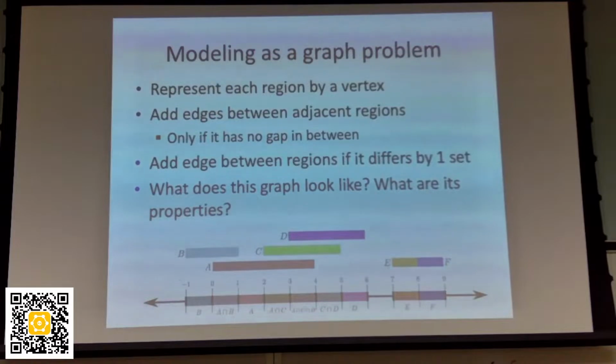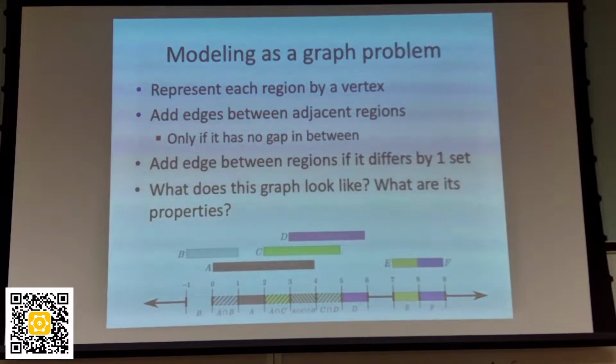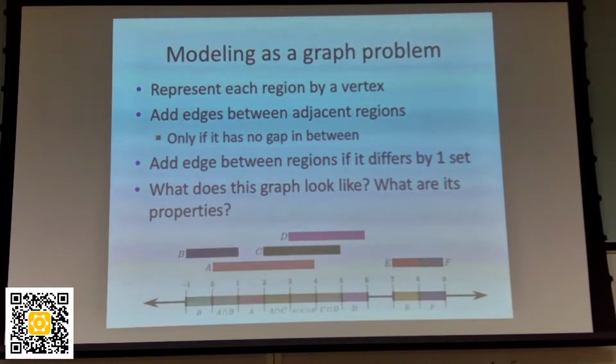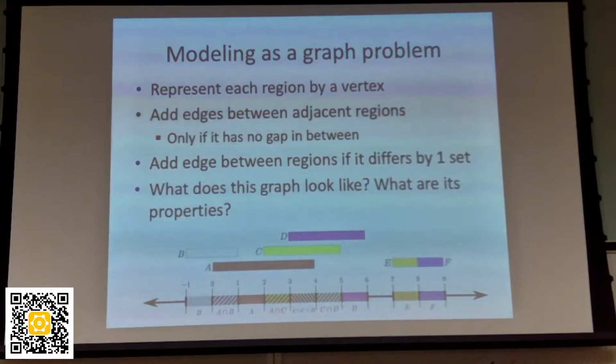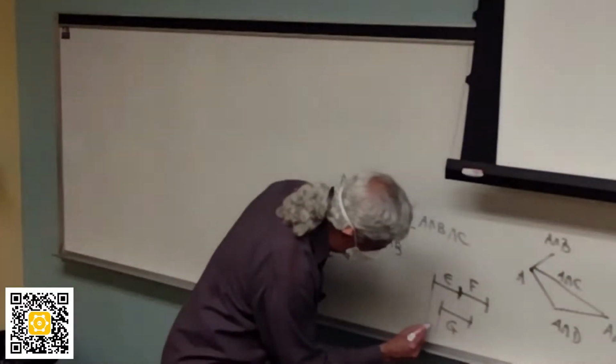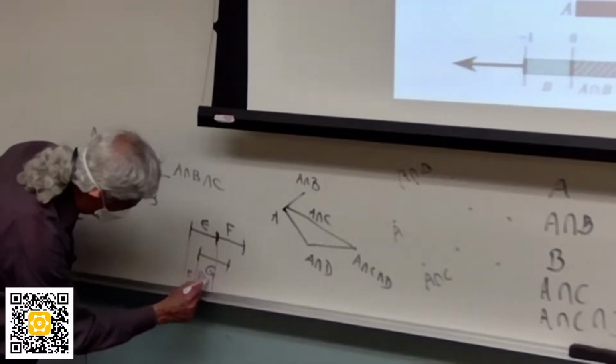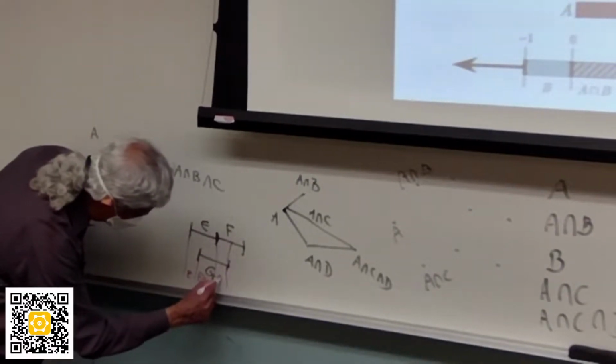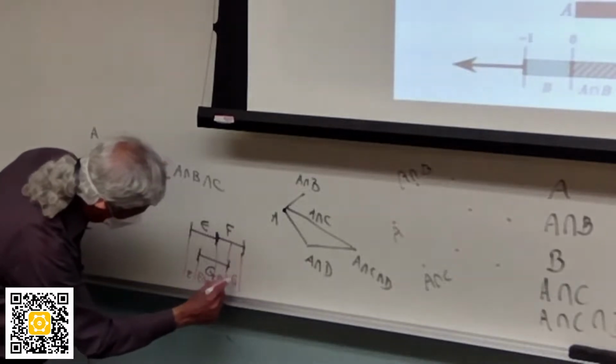If I have E going from here to here, F going from here to here, and G going from here to here, then it causes a fairly horrible problem, because now I'm going to have only E, let me use a different color, only E, then E intersect G, then F intersect G, and then F.